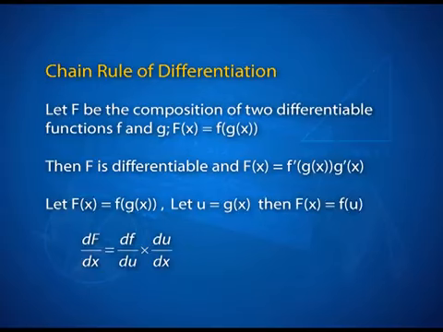So, the chain rule says that the derivative of F with respect to x is the same as the derivative of small f with respect to u, because now small f is a function of u, into the derivative of u with respect to x.